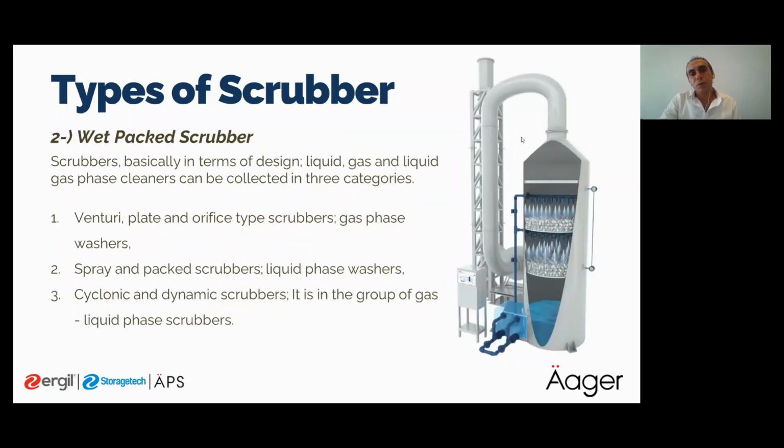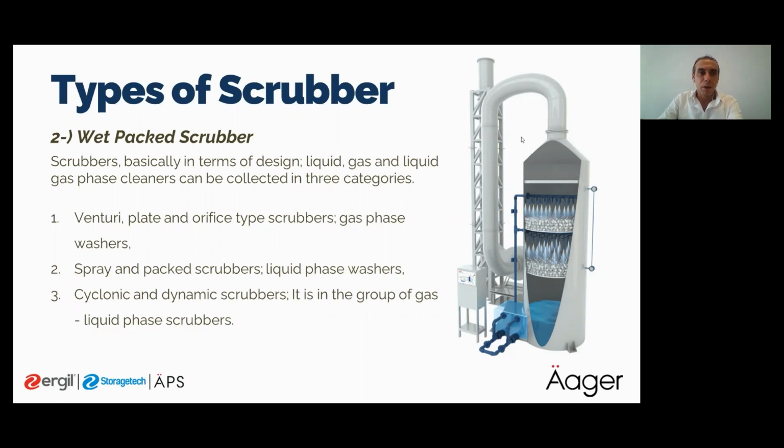The second type is the wet scrubber: packed scrubber, spraying unit, spraying scrubber. Those are wet scrubbers. In the picture you are seeing the packed scrubber. Basically, the wet scrubber works in terms of liquid and gas phases, and we can also add solid parts.